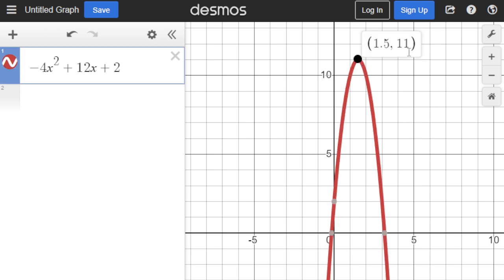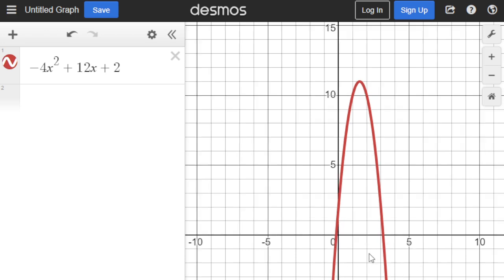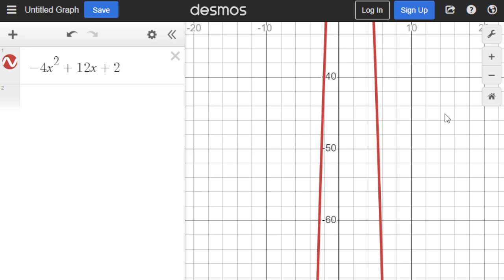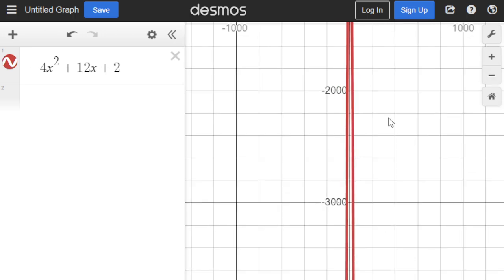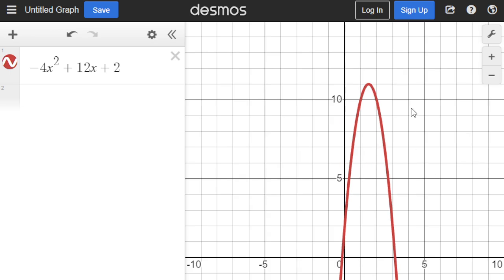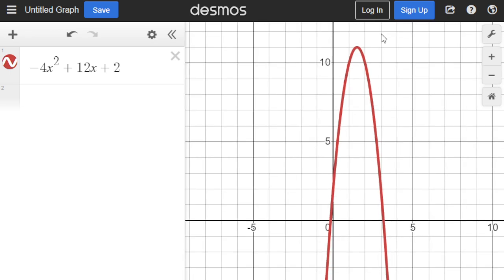So we know that they stop here at 1.5 comma 11. And they go down all the way to negative infinity. So the range is going to go from negative infinity, and we know it's negative infinity because we can keep going down forever. But we know that it goes from negative infinity up to 11.